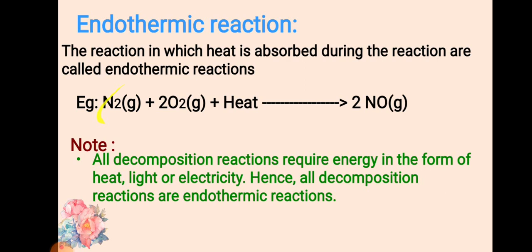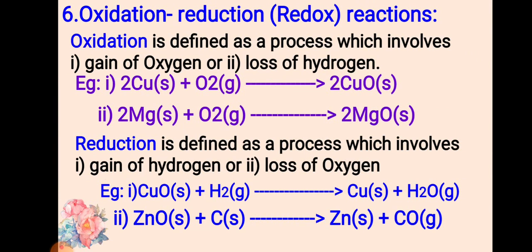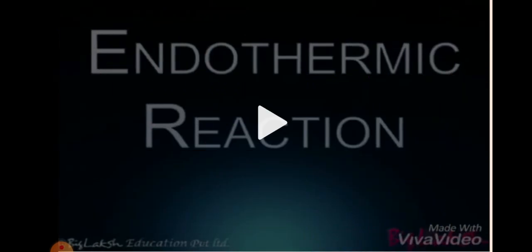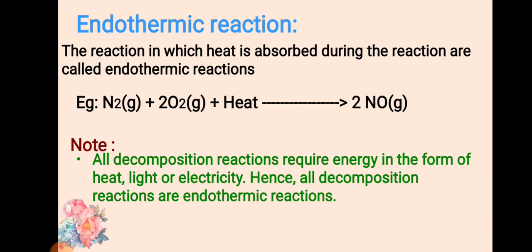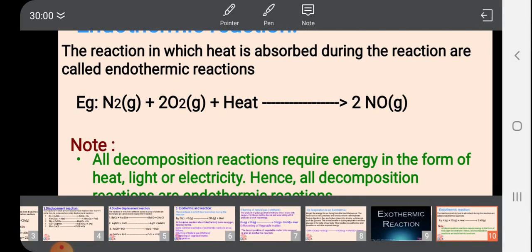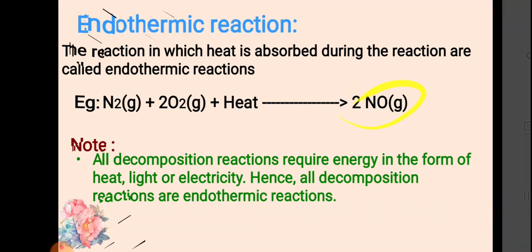Example: nitrogen when it reacts with oxygen. When nitrogen combines with oxygen, along with heat, it gives nitrogen oxide.